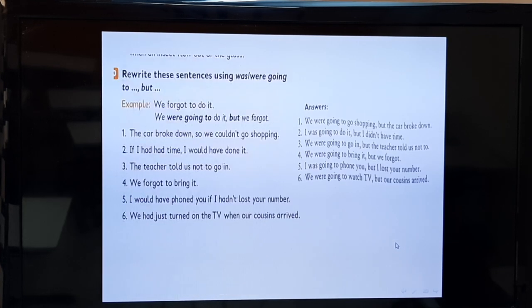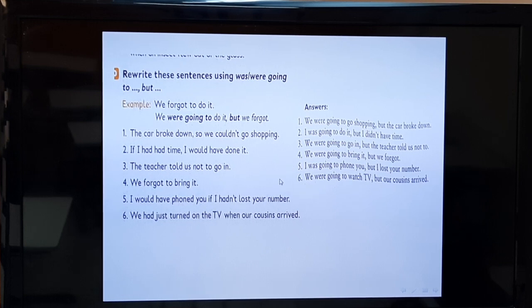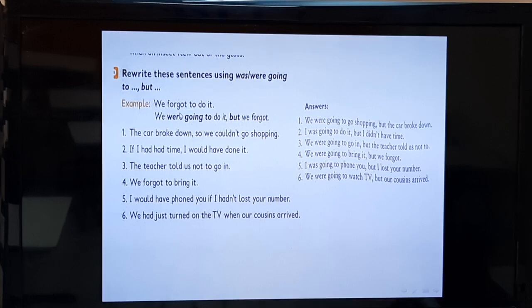Okay? Then you have another exercise on the same page 46. Section D: write these sentences using was, were, going to, but. You have an example, so be careful. Example: we forgot to do it.